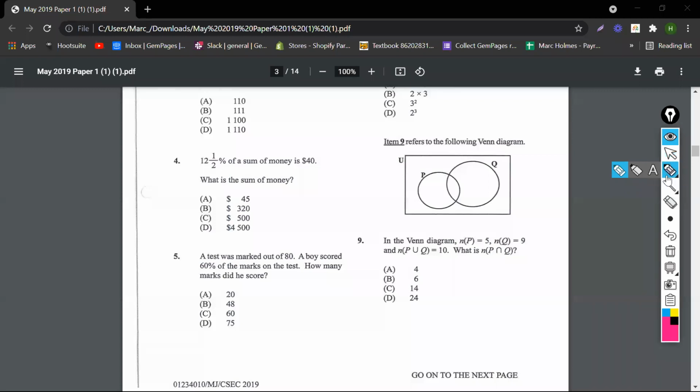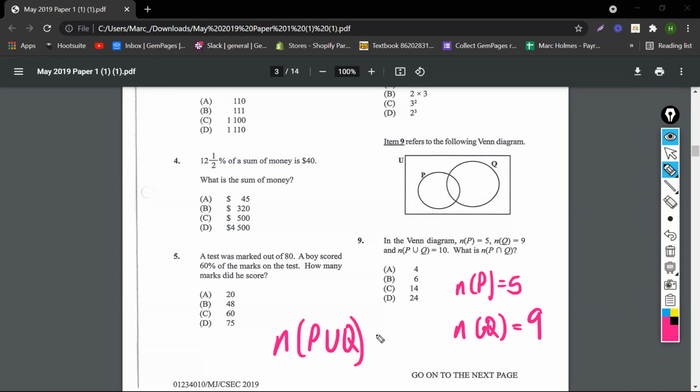So for number 9 here, it says in the Venn diagram, n of P is equal to 5, the number of elements in P. n of Q is equal to 9. n of P union Q is equal to 10. It says, what is n of P intersect Q?